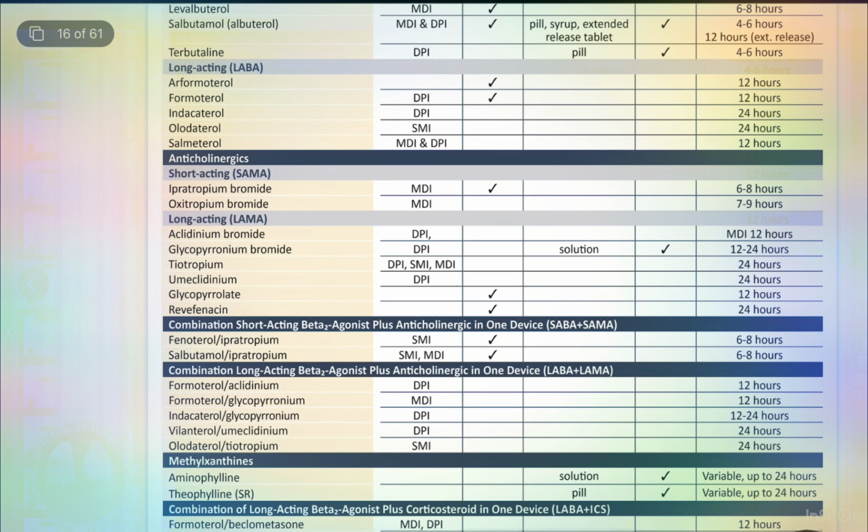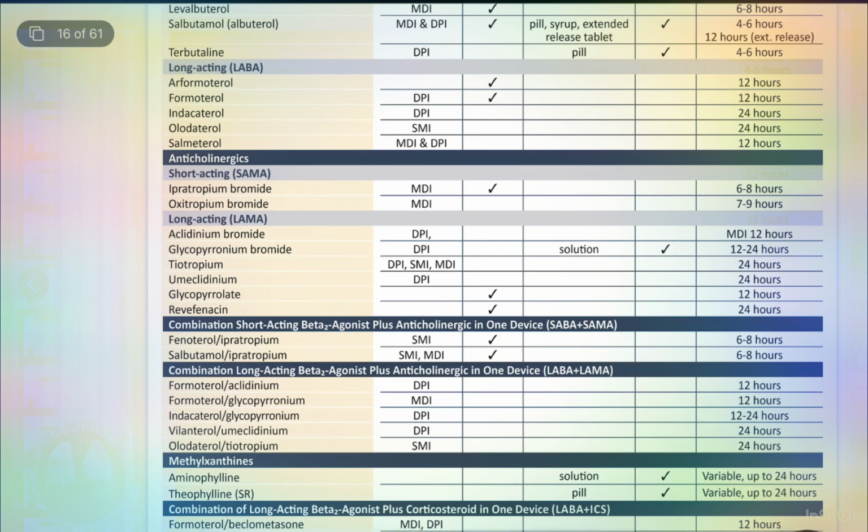These are ipratropium bromide and oxitropium bromide, and these act around 6 to 9 hours. Then comes LAMA, long-acting muscarinic antagonists. These are aclidinium bromide, glycopyrronium bromide, tiotropium, umeclidinium, glycopyrrolate, then revefenacin, and these act around 12 to 24 hours.